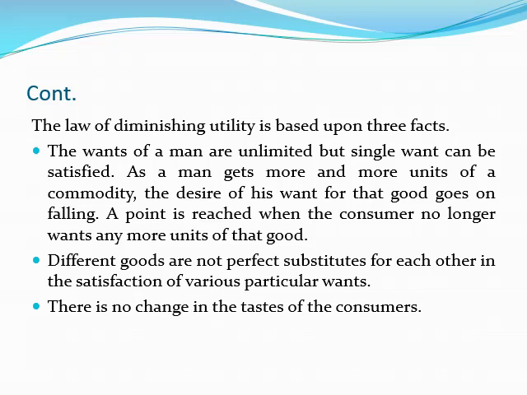As a man gets more and more units of a commodity, the desire or willingness of his want for that good or service goes on falling, diminishing. A point is reached when the consumer no longer wants any more units of that good. MU equals 0.